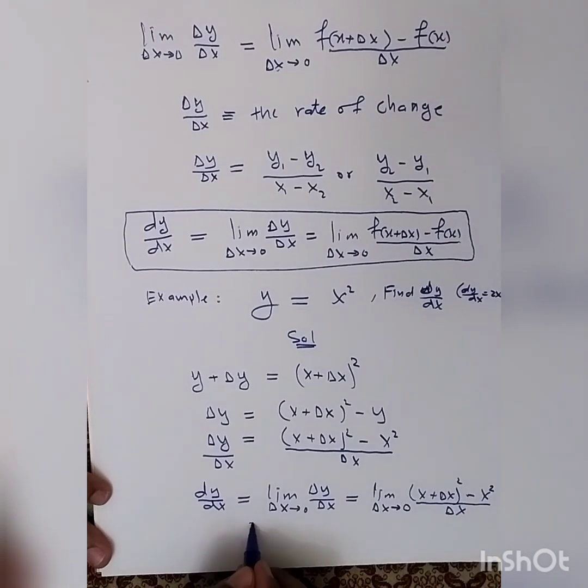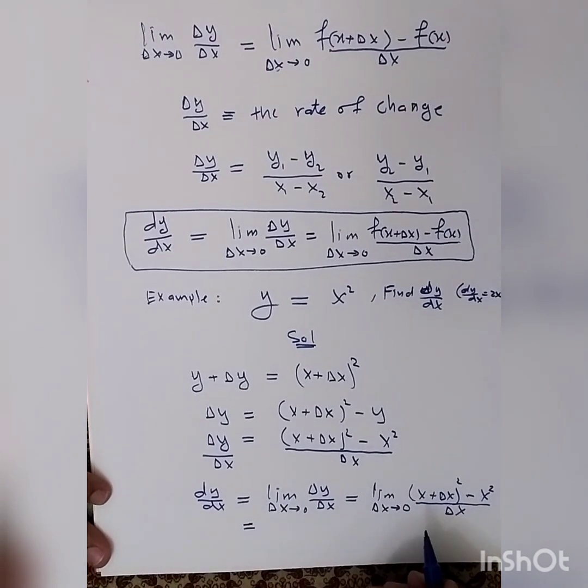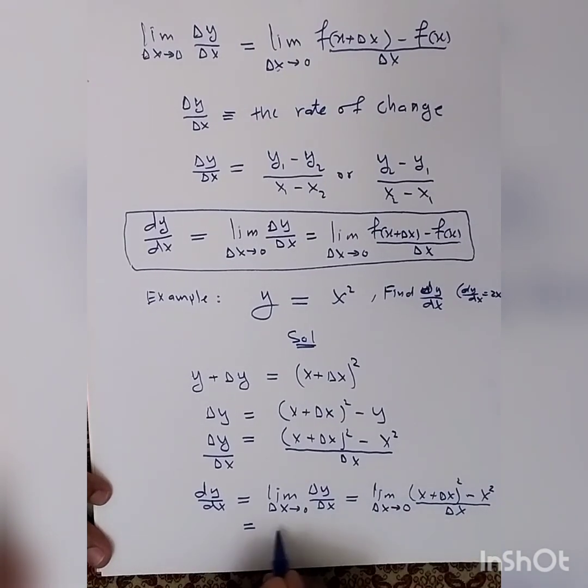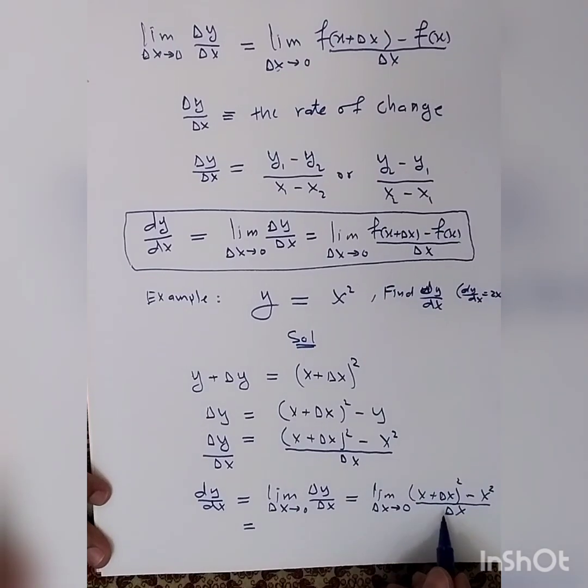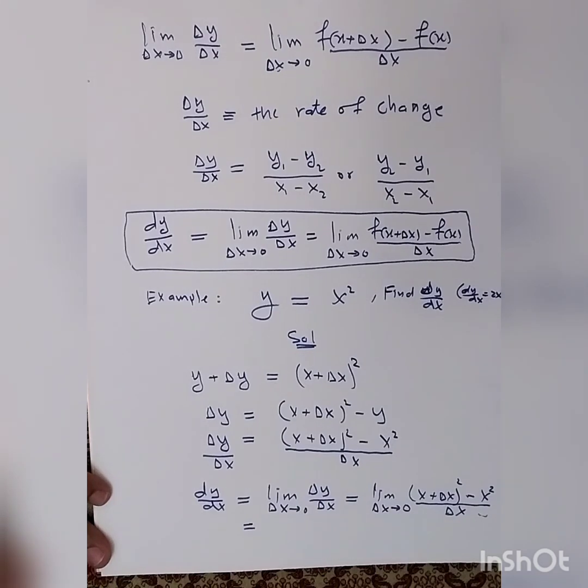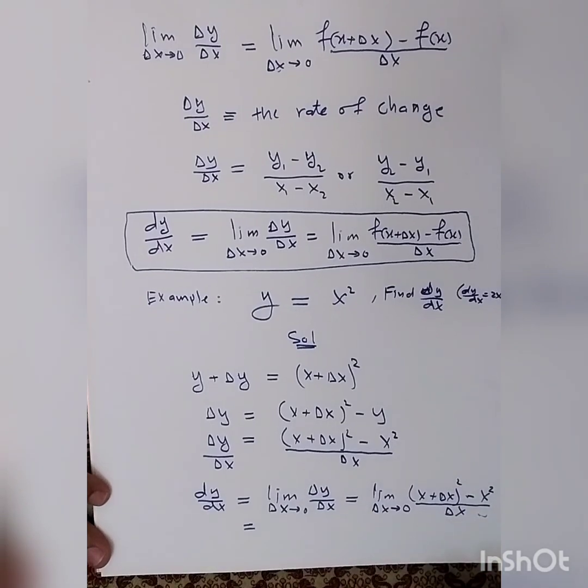So again, we can simply expand this x plus delta x. I mean, there are many ways you can find the limit. Of course, we can add x here and subtract x from there, then we can also find the limit. But now let us keep it simple because the exponent here is only 2. So we can say limit.